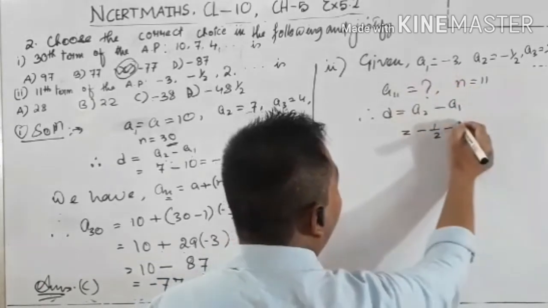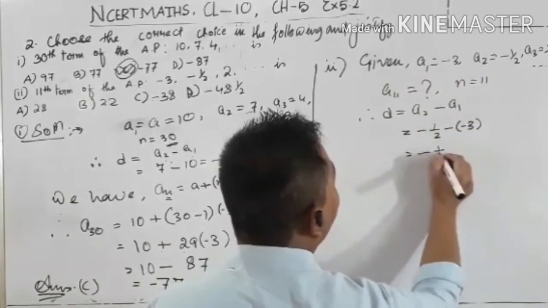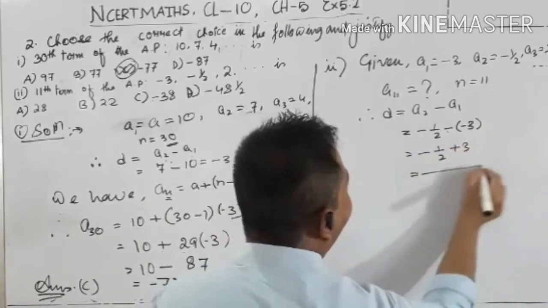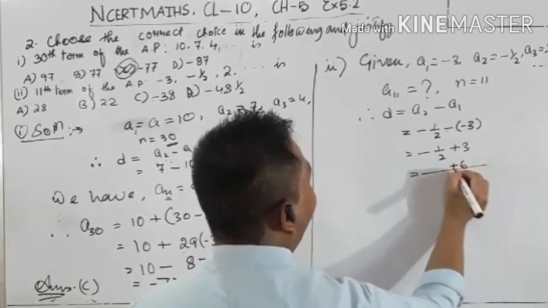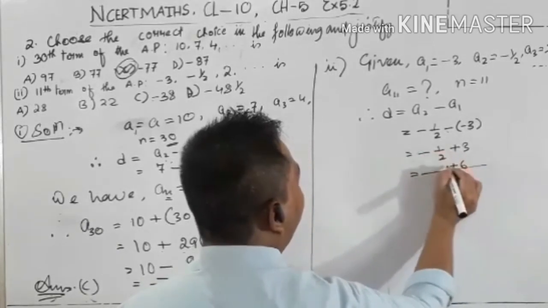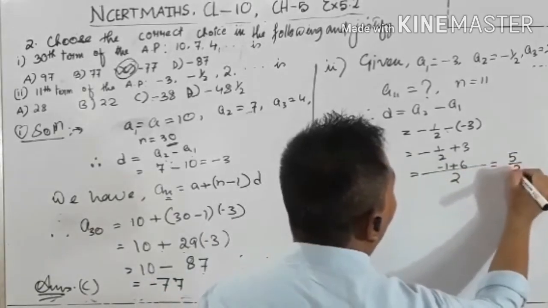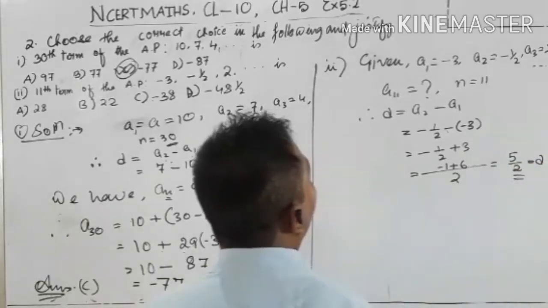A1 equals minus 3. Minus and minus is plus, right? So the common denominator will be 2. 2 threes are 6, plus, that means 1 minus. So it will be 5 by 2. That is our common difference. So D equals 5 by 2, right?